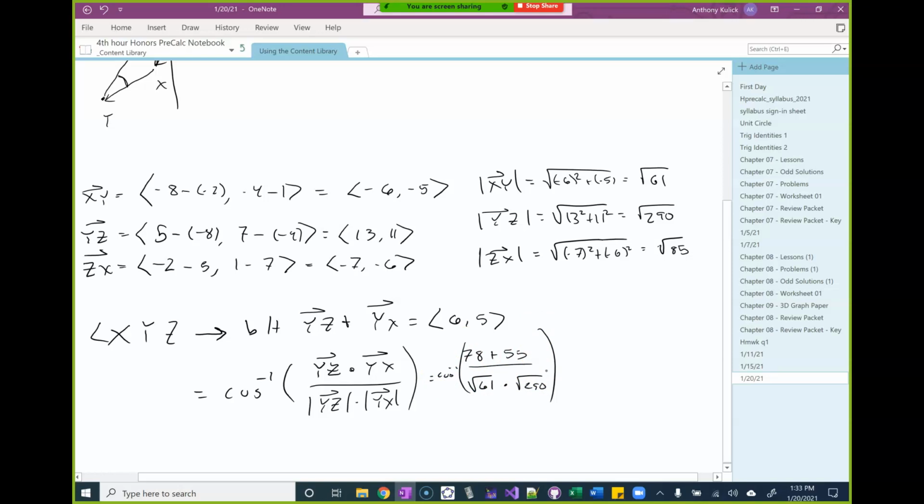And then we'll go to our calculator. So I have 78 plus 55 over square root 61 times square root 290.